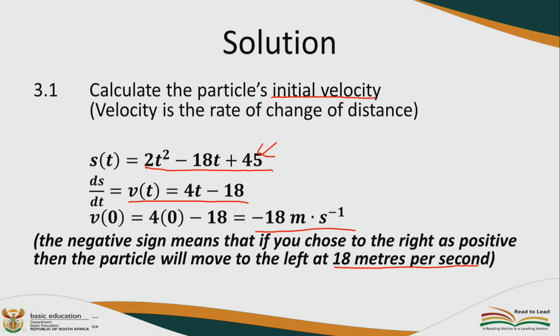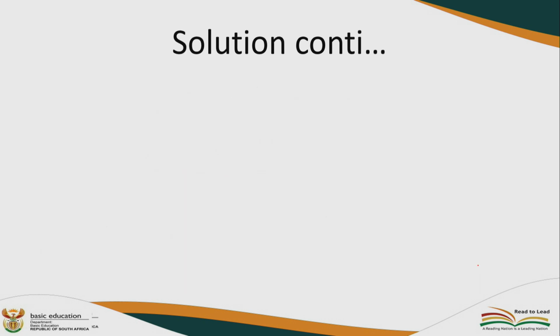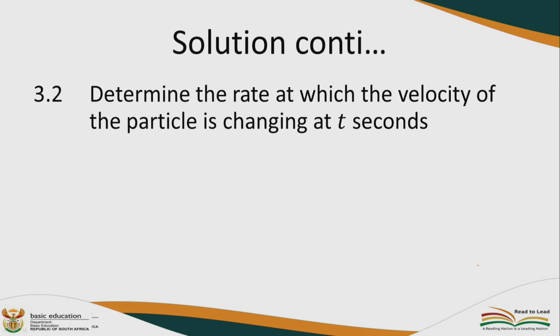All right, so let us look at the next question. Now the next question, they want us to determine the rate at which the velocity of the particle is changing at t seconds. So earlier on I said, because they are talking about the rate at which velocity is changing, it means that this question is a question on acceleration.